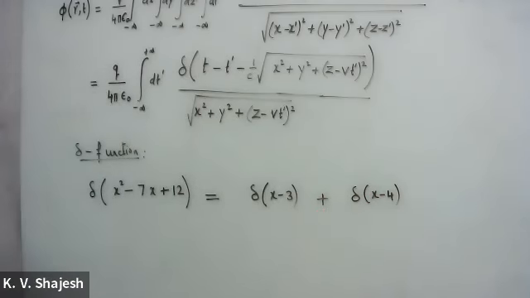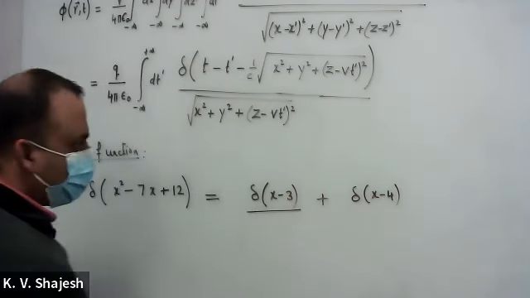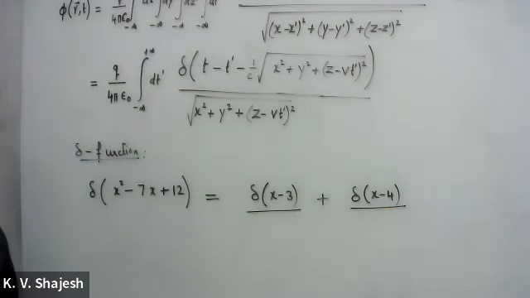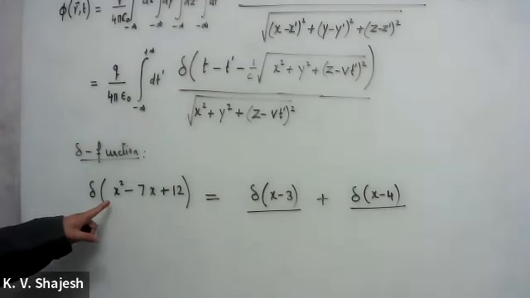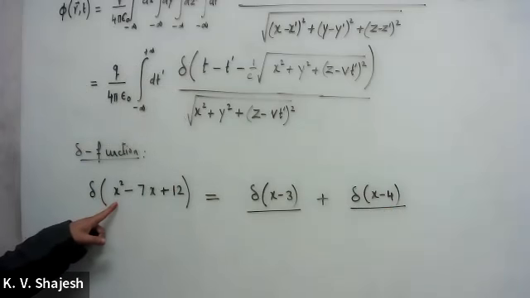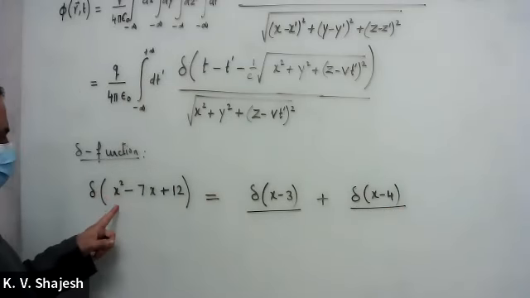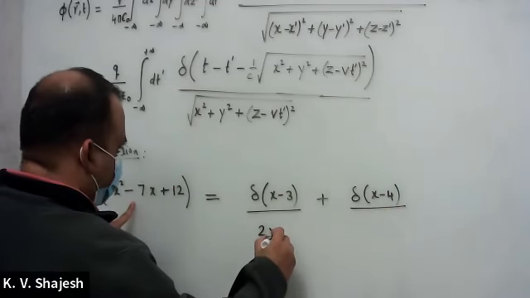But that's not all. There is also a factor coming in these two situations. To determine the factor, take the polynomial or the function inside the argument and take the derivative of that. So the derivative is 2x minus 7.